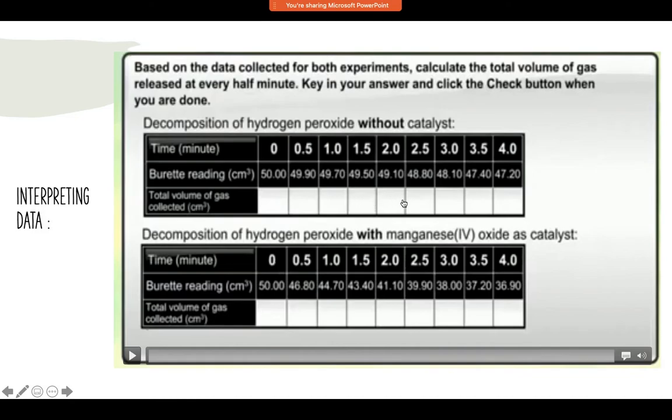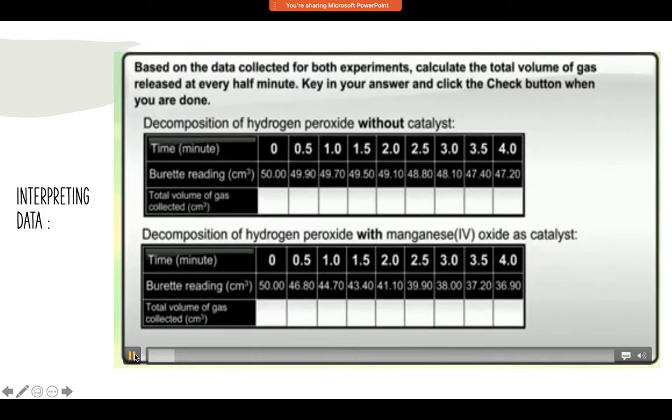So buat calculation and so on sampailah ke minute 4, dapat volume untuk oxygen gas produce. Yang ni without catalyst. Dan ulang lagi sekali calculation untuk total volume of gas produce. Yang ni with catalyst. Then kita akan plot graph.